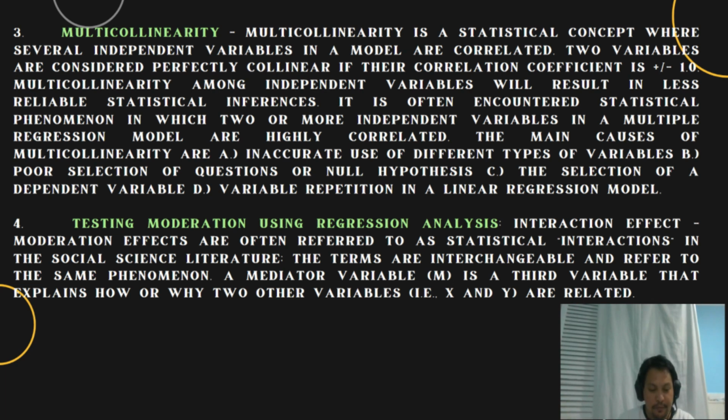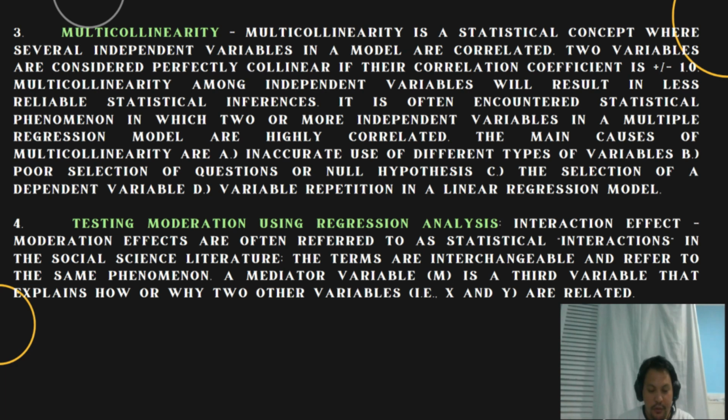Number 4. Testing moderation using regression analysis. Interaction effect. Moderation effects are often referred to as statistical interactions in the social science literature. The terms are interchangeable and refer to the same phenomenon.